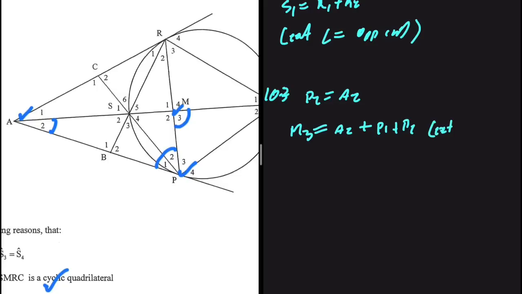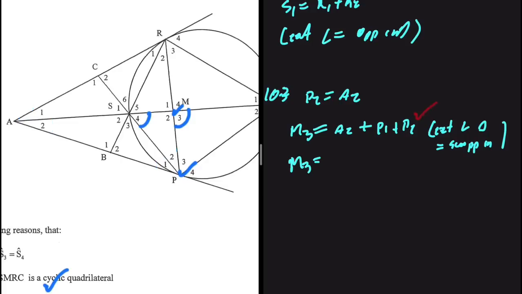An exterior angle of a triangle is equal to the sum of the opposite interior angles. Let's not forget that. So we have M3 being equal to A2 plus P1 plus P2. Okay, we can also use M3 again. We can say that M3, okay, let me see. M3 is equal to, let's see, S4 plus P2.